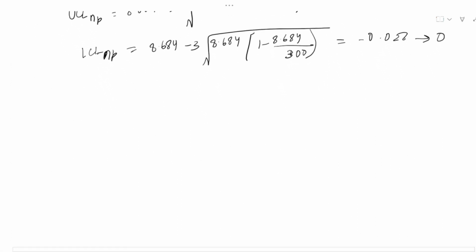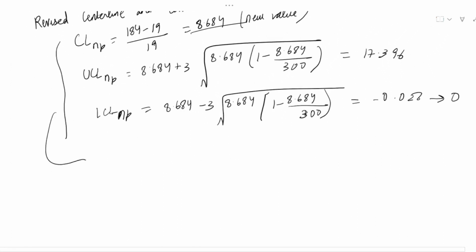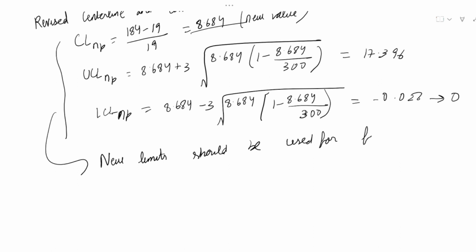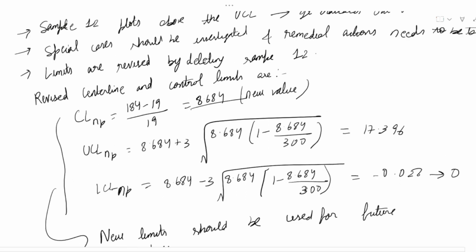This tends to 0. So these are the new limits which should be used for future observations. In this way we take the remedial actions.